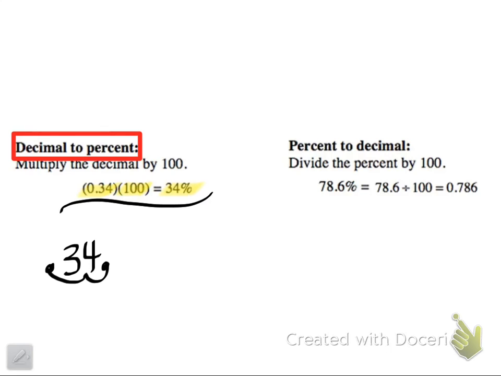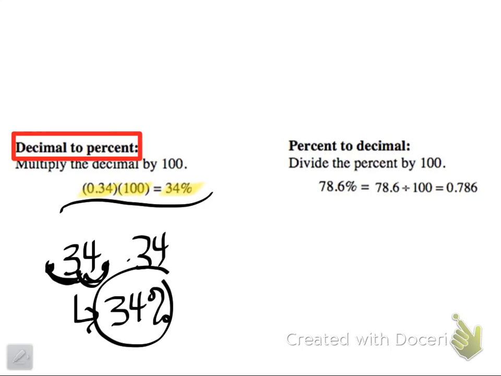So instead of having 0.34, we change to 34 and add a percent sign. The reason is that when we multiply by 100, we're basically multiplying by 2 place values, or 100. Okay, so 0.34 is the same as 34%.